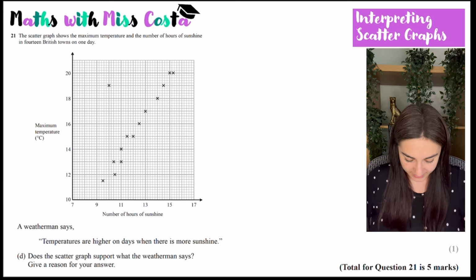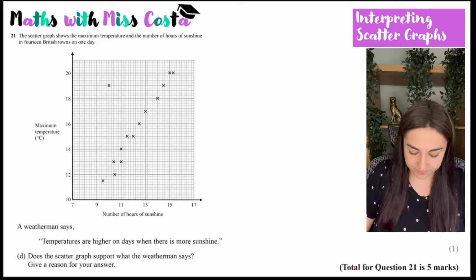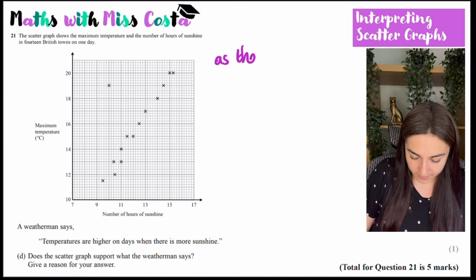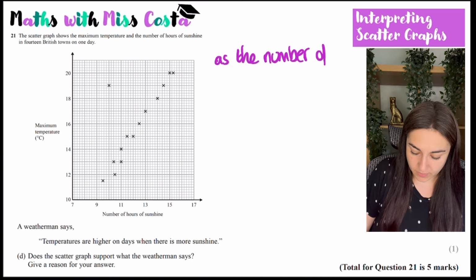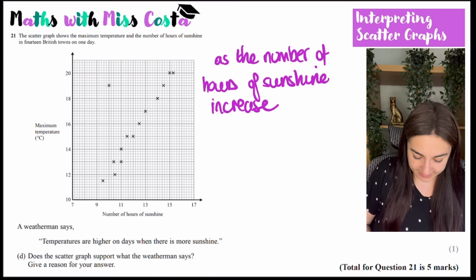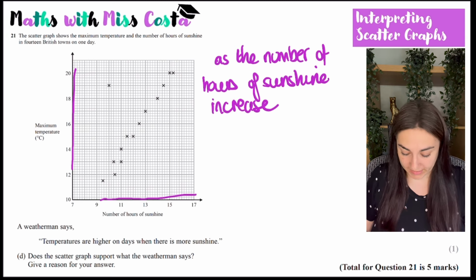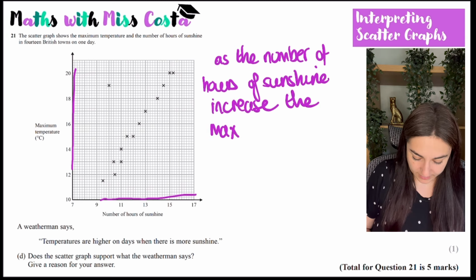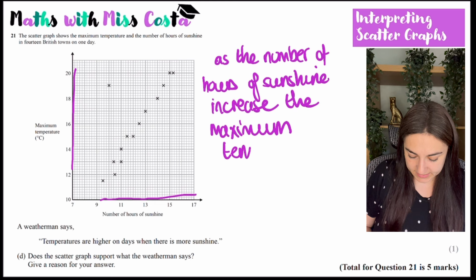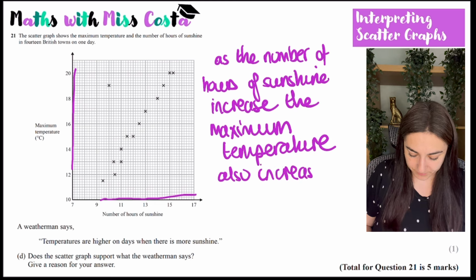And then the final question says, a weatherman says temperatures are higher on days when there is more sunshine. Does the scatter graph support what the weatherman says? We can write a statement saying what is happening. As the number of hours of sunshine increases, so my x-axis, as these values increase and get larger, the maximum temperature also increases.